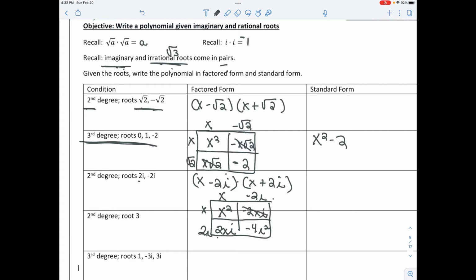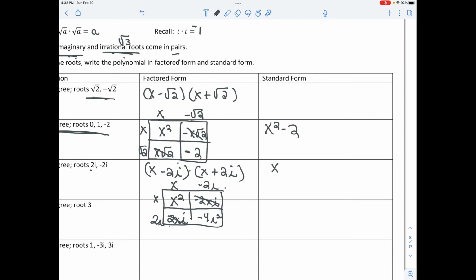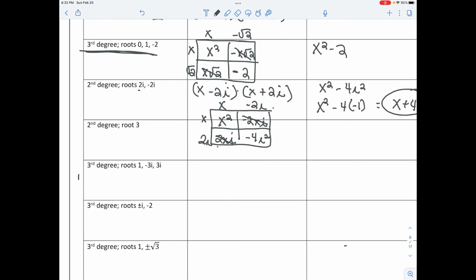Okay, so once again, these middles are going to zero out. Those always zero out. And so I am left with x squared minus 4i squared. Well, what is i squared? We just learned that i squared is negative 1. So this would be x squared minus 4 times negative 1, which is x squared plus 4. Okay? Again, you're going to do this one for homework.